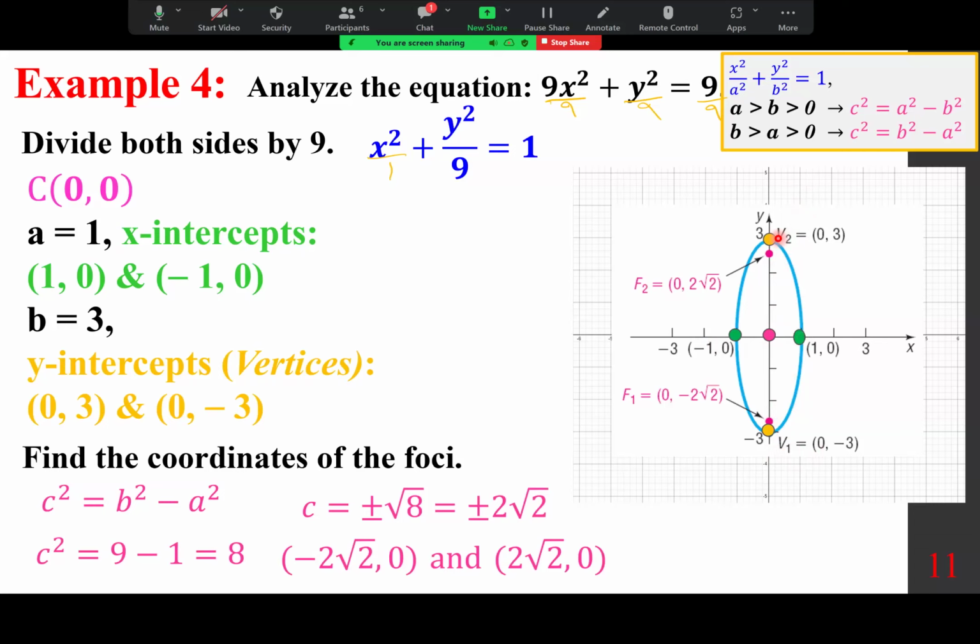The domain, if they ask, is from -1 to 1, and the range is from -3 to 3. So this is a typo, everybody. Let me fix that. So -1 to 1, and this is 3. Okay, just in case, making sure that it makes sense to everybody.